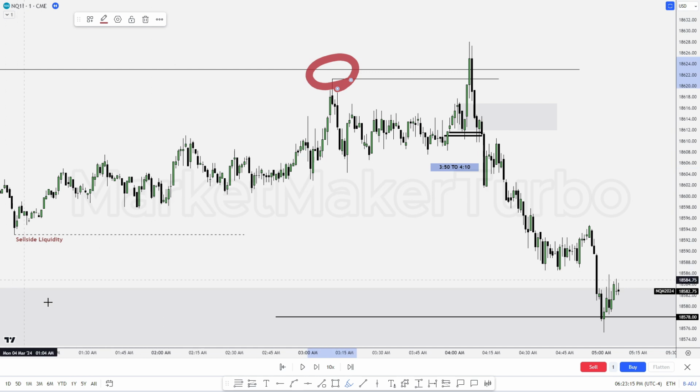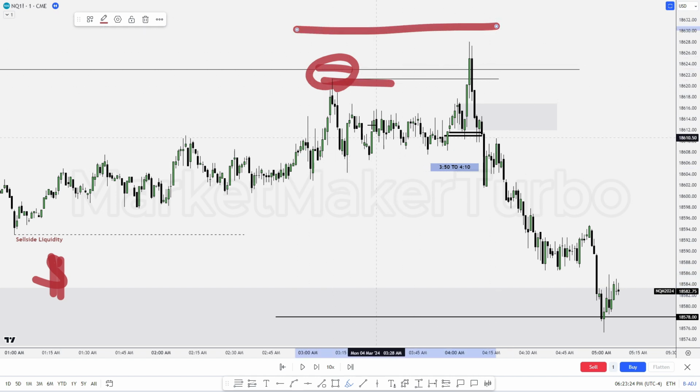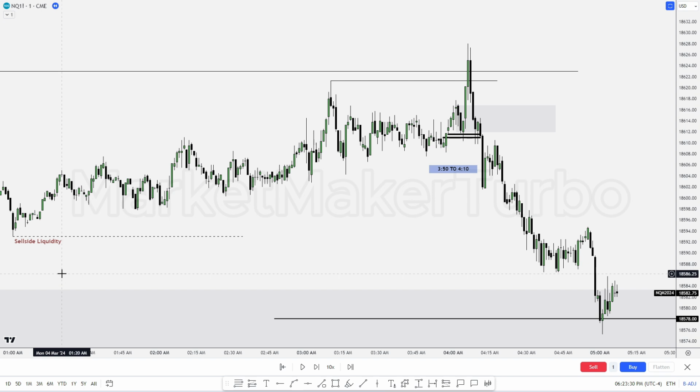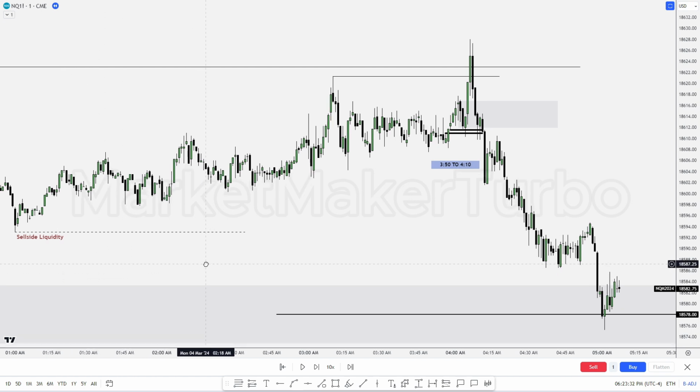They're right because they were looking at the right objective, which was sell side. If they put their stop loss up here, they were wrong. But if you had your stop loss up here, you were right. So if you usually get stopped out and price goes in your favor, don't think that that's bad. It's good. You're on side, but your stop loss was not in the right place.